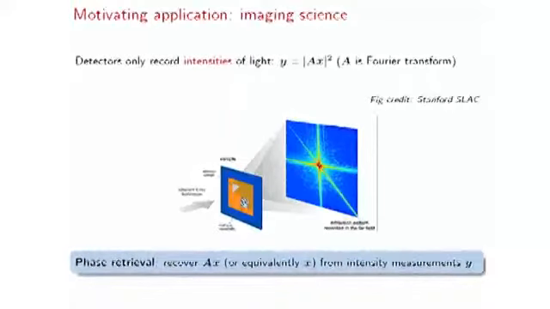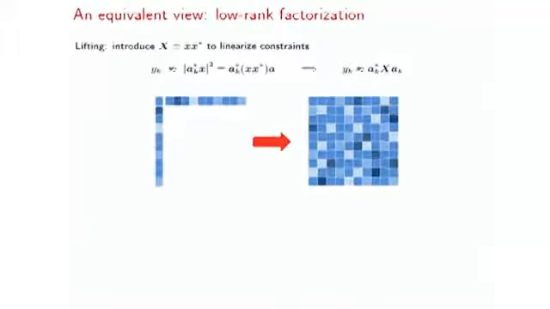So this problem, which is also called phase retrieval, is about how to recover the phase of the measurements, or equivalently, how to recover the signal itself if we are only given intensity-only measurements, which are naturally just a set of quadratic measurements.